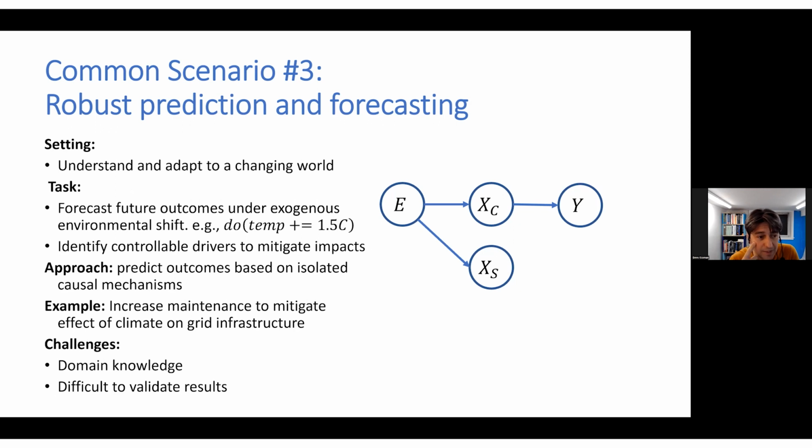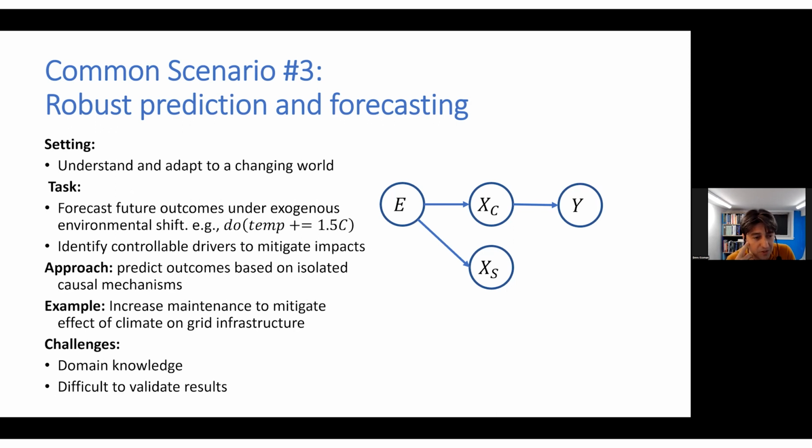So, for example, we see people asking questions about how climate change is going to affect their business operations, where temperatures are going to be different than what they've seen today, and they want to identify the controllable drivers that might mitigate the impacts of that change.